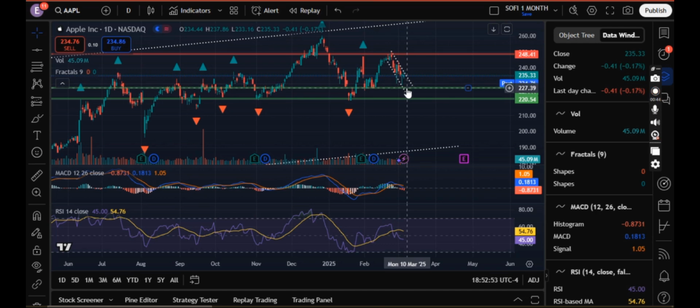There's a chance that it can bounce up. That is what the support and resistance line is for. That's what they tell you. Now if it goes through that support line, you can enter a put option, which is basically betting that the stock price is going down.